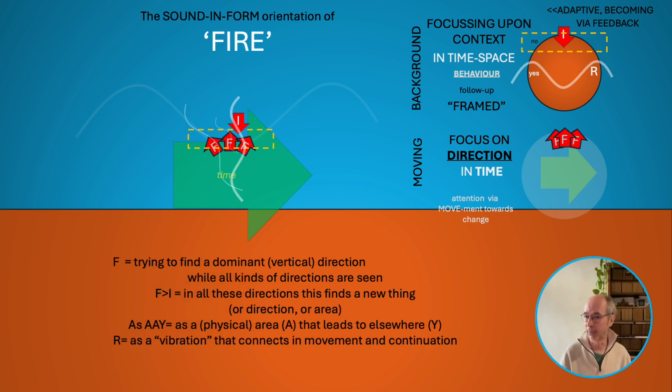R is about vibrations, is about connections and making connections to it so that it can continue to be itself. So R can be considered as a vibration. It connects all the movement, so that's why it's up.